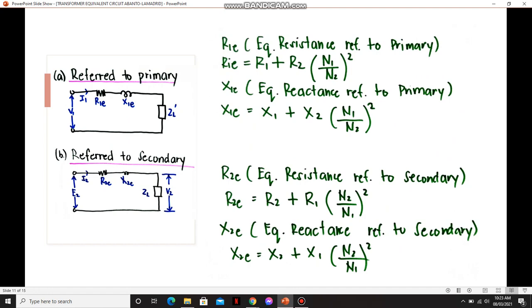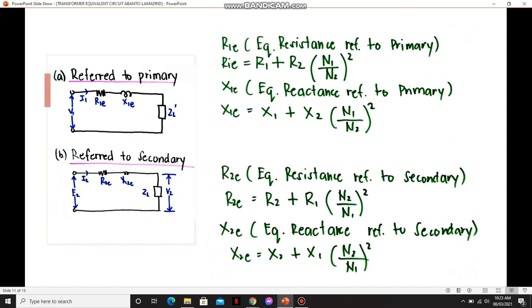R1E, equivalent resistance referred to primary, is equal to R1 plus R2 times N1 over N2 squared. X1E, equivalent reactance referred to primary, is equal to X1 plus X2 times N1 over N2 squared.